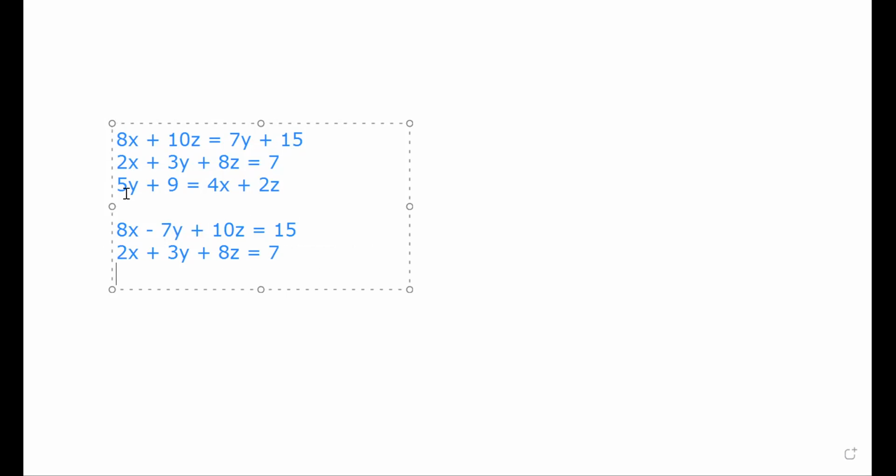And the third equation, look at here, so 4x here, so I have to bring it, let's say, minus 4x minus 2z plus, y should be here, y means 5y minus 2z is equal to minus 9.